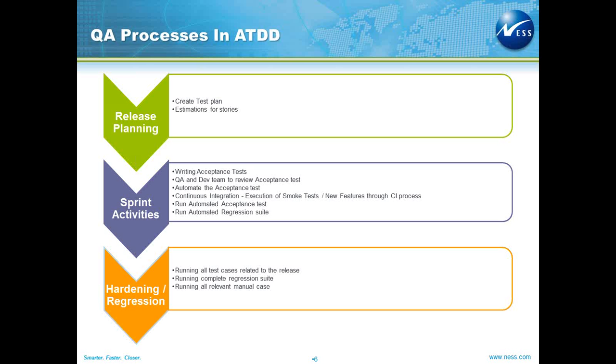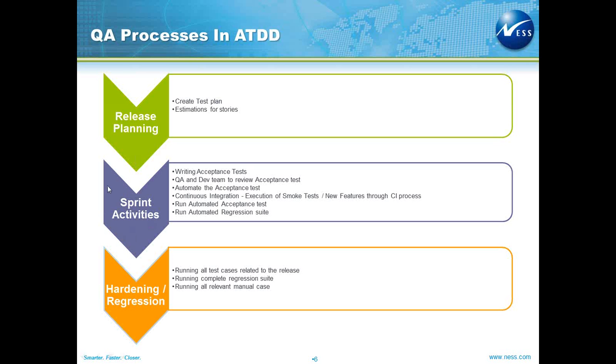When a QA is estimating for a story, he has to take these parameters into consideration for every story. Similarly, a test plan can be created at this point, where the entire release backlog is created, which can impact your remaining system, and you also identify what regression cases you may need to run to certify this release. These are the two main activities QA should do as part of release planning.